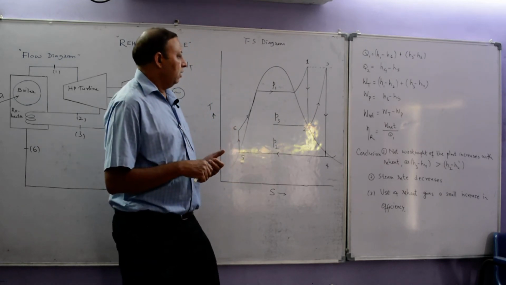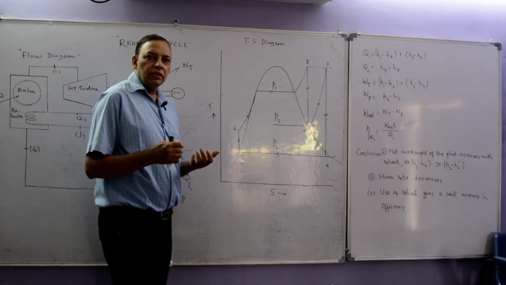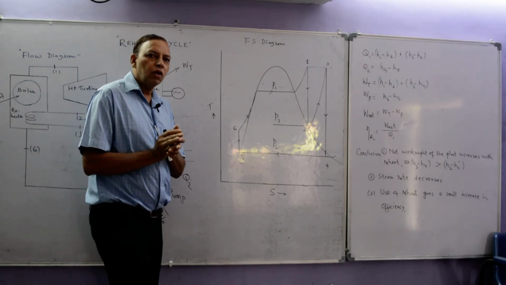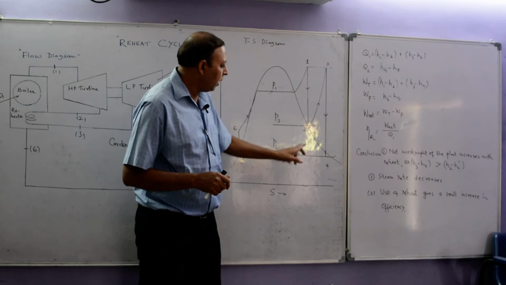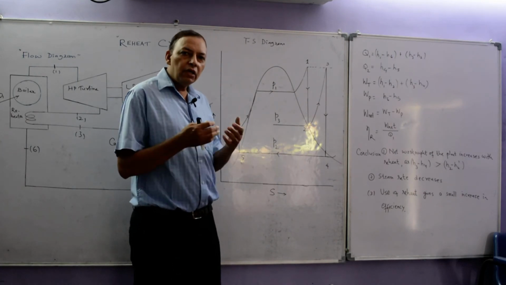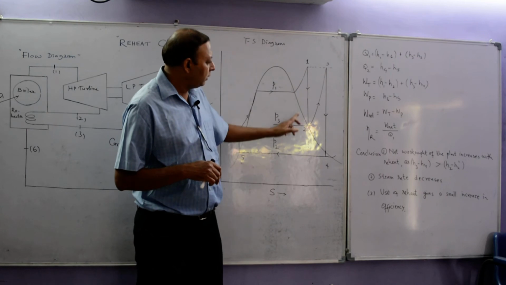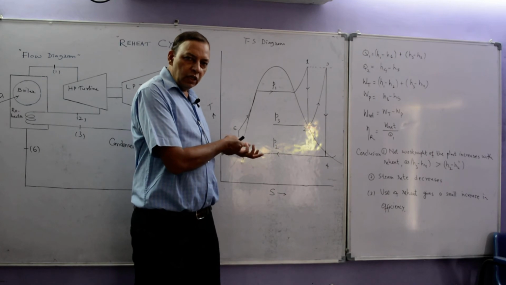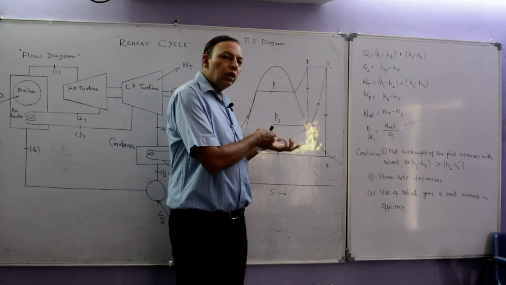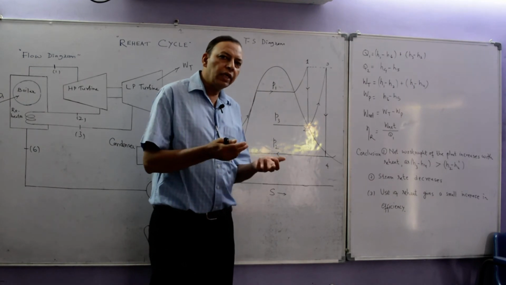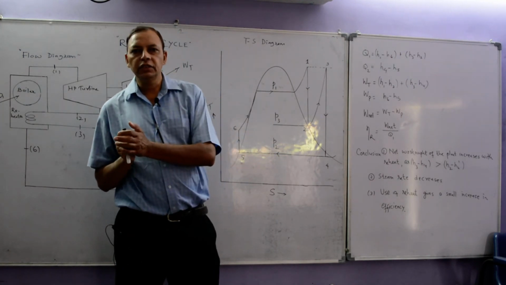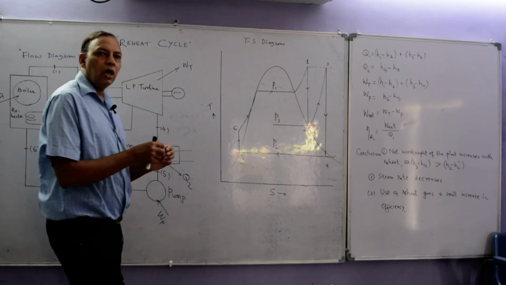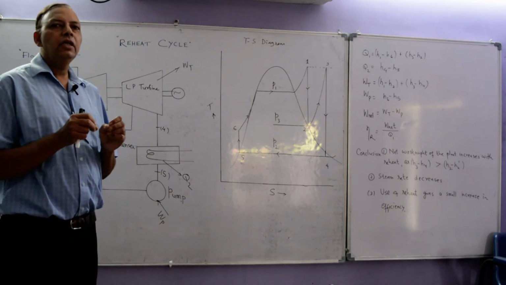You can simply understand that if the expansion happens in single stage, then the work done is H1 minus H4 dash. Here we are getting the work done H1 minus H2 and H3 minus H4. Simply we can conclude that the total expansion in reheat is more than the expansion in case of single stage or in case of Rankine cycle. So the total work output increases in reheat cycle.